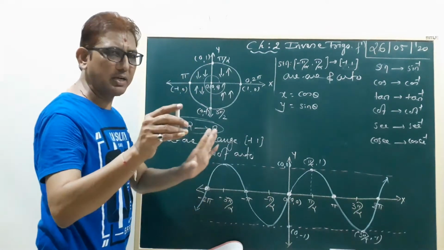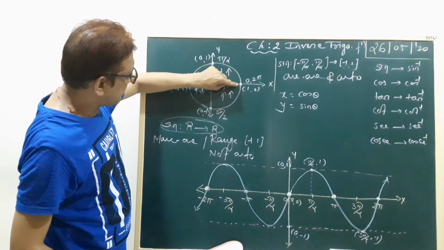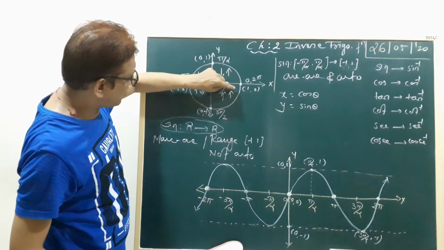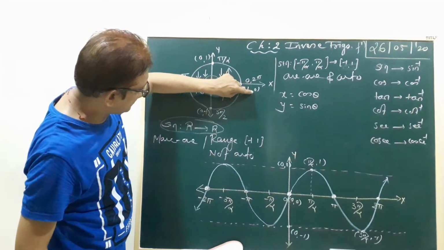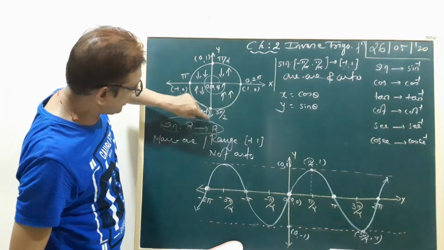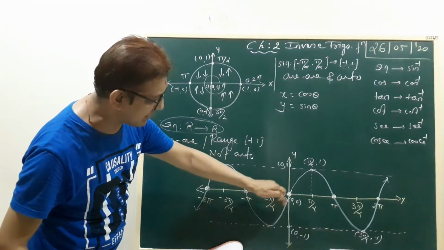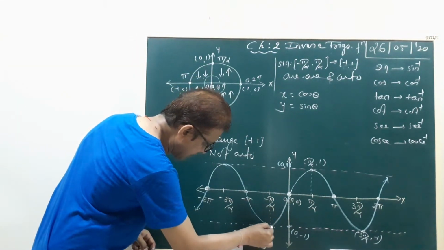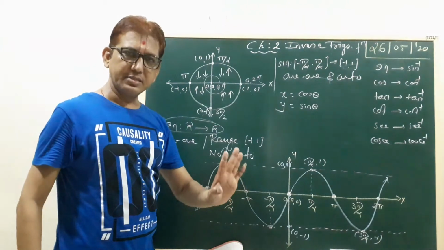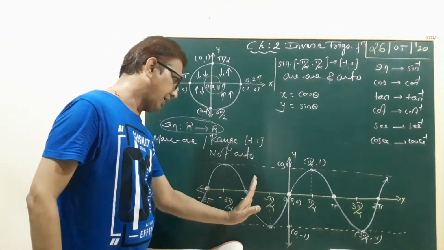Okay. We are explaining some points. Suppose we rotate clockwise, 0 to minus pi by 2. The value of sine goes 0 to minus 1, decreasing. Clear? So here sine minus pi by 2 value is minus 1. Is that clear? Okay.